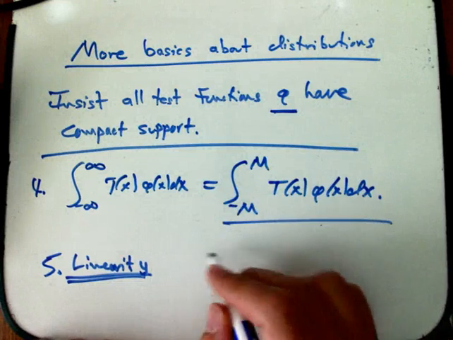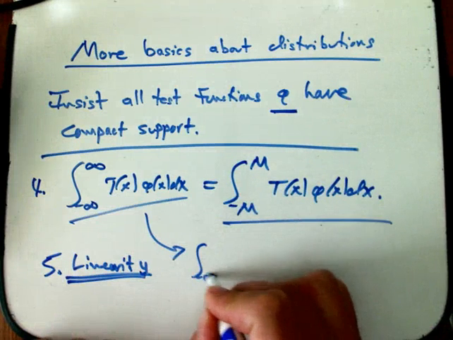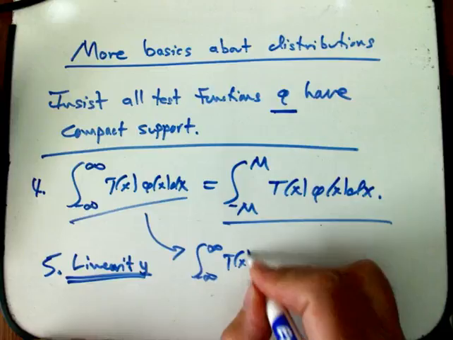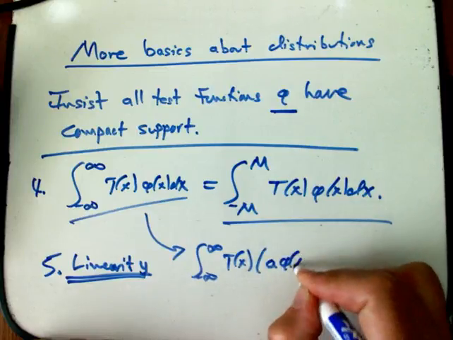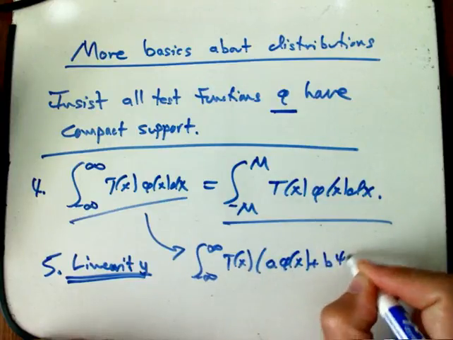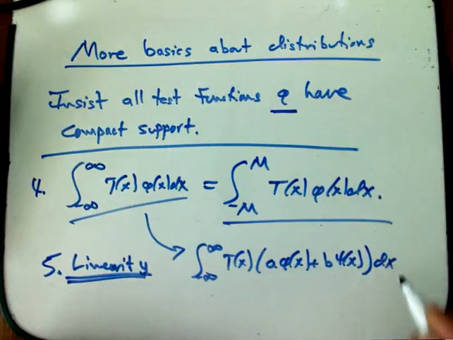Okay, and that's the fact that this, oh yeah, here we go, it's right here. If we put in a linear combination of test functions, that's one thing you can do with any kinds of functions on the real line anyway.